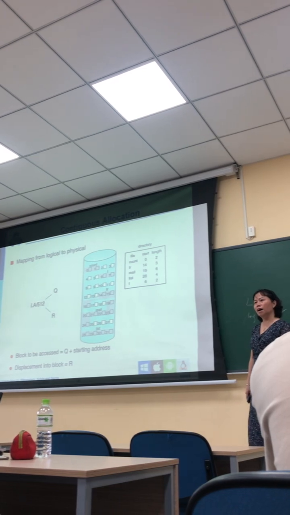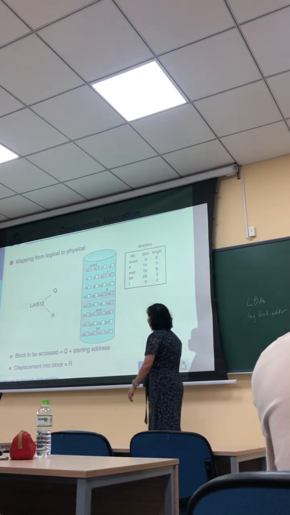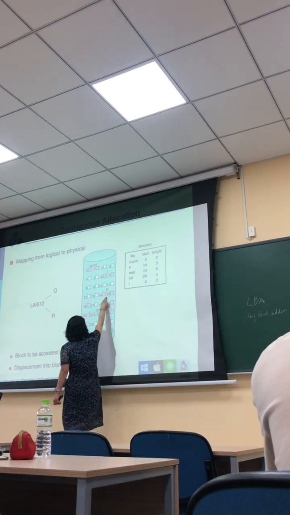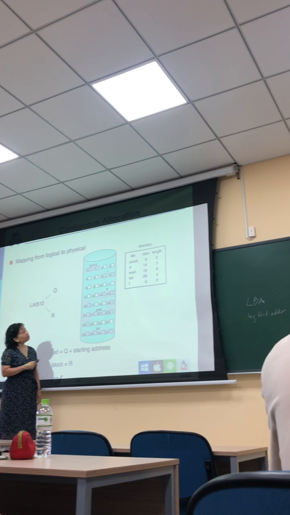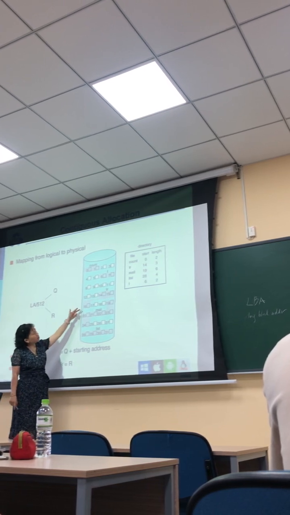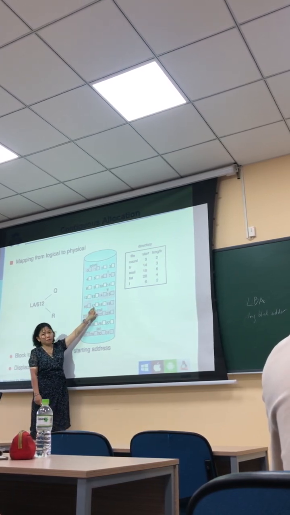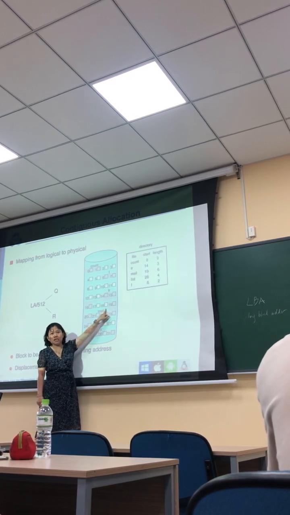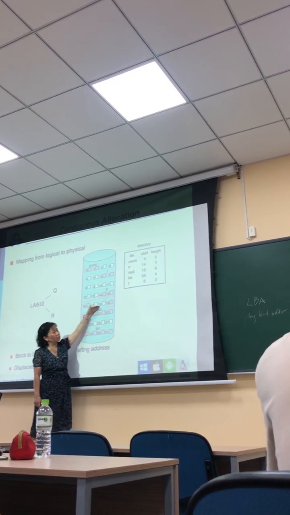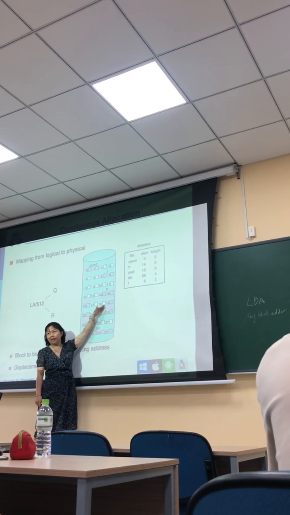And another one, how to extend. So for example, this file, tear. After 16, we have 2 free blocks, 17 and 18. So this means that you can use these 2 blocks to extend tear.